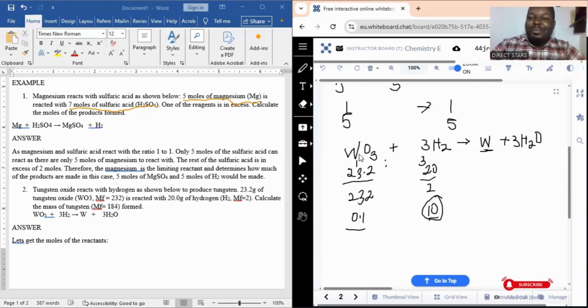And good thing, the mole ratio between the tungsten oxide and the tungsten is still 1:1, which means the mole of tungsten we have here will be 0.1. Then if we want to get the mass of tungsten, all we need to do is use our mole concept formula, which is mole times the formula mass of tungsten, which is 184.